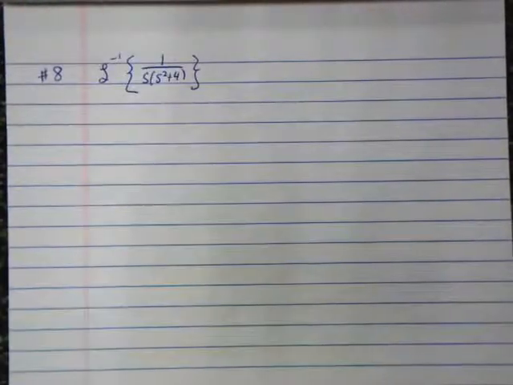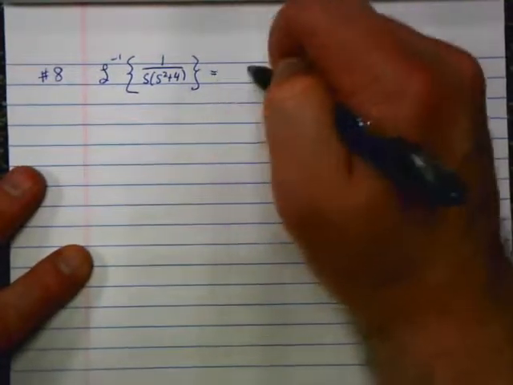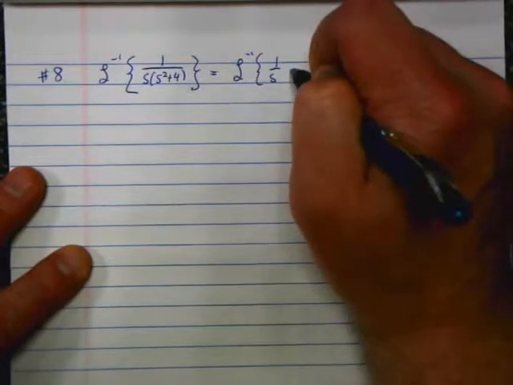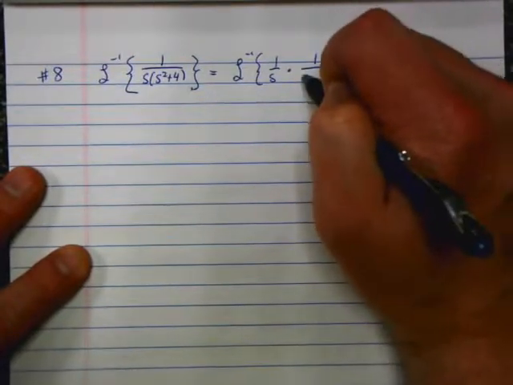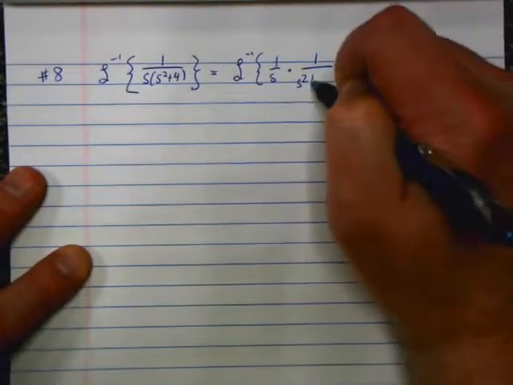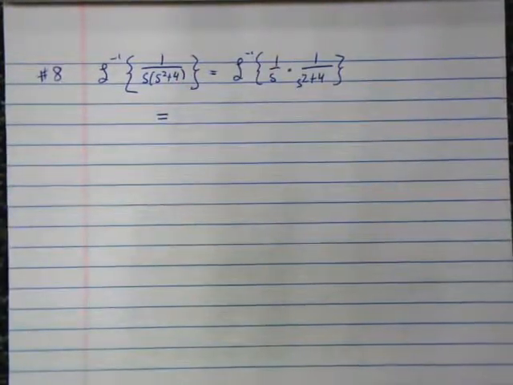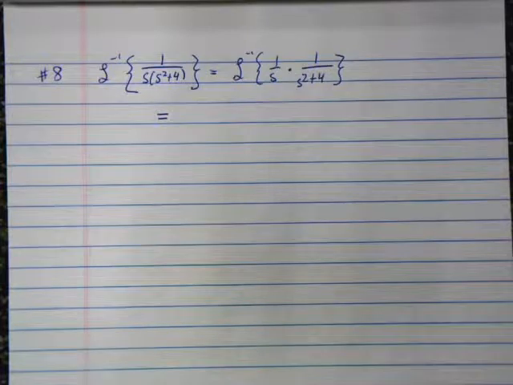This is number 8, in case you're wondering. Well, what you might notice is you could write this as 1 over s and 1 over s squared plus 4. What's the inverse Laplace transform of 1 over s?